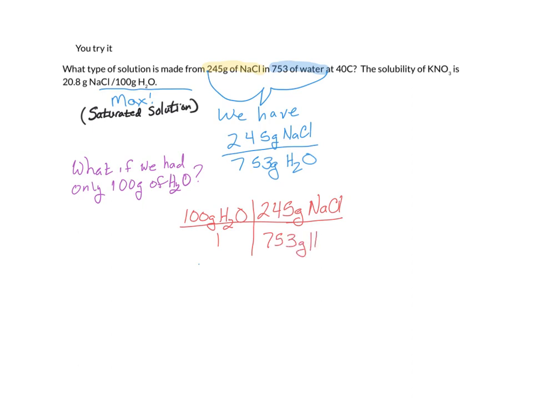The answer to this will tell us how many grams of sodium chloride will be present in 100 grams of water. Here you can see that the grams of water cancels out. You can put that in a calculator and you'll see that you get 32.536 grams of sodium chloride, but that is specifically in 100 grams of water.